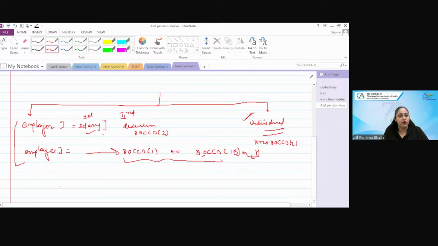You can claim the contribution as a deduction in either or both of the sections. 1B has a maximum limit of 50,000, and subsection 1 has a maximum limit of the actual contribution you are making or 10% of salary. I have written 14%. Please mark this with a star. I'll explain, and we'll do the question also.